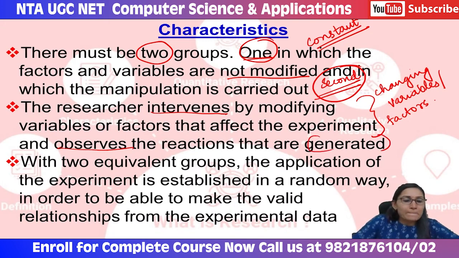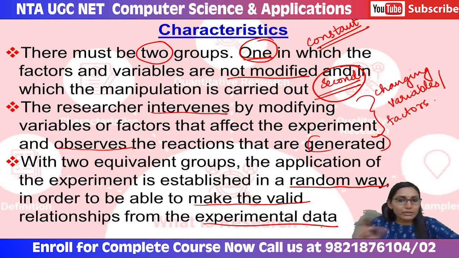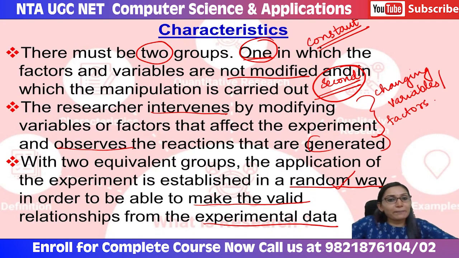Okay. Now with two equivalent groups, the application of the experiment is established in a random way in order to be able to make the valid relationship from the experimental data.